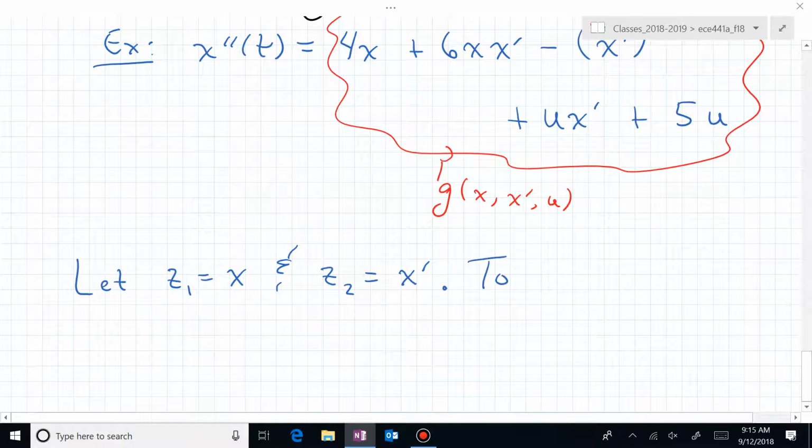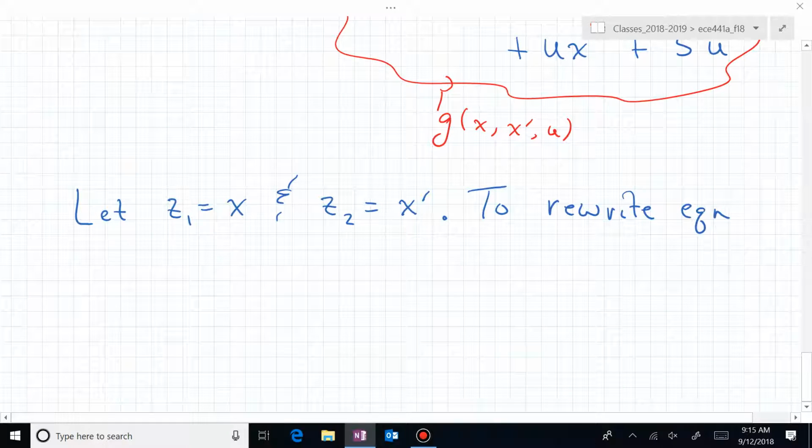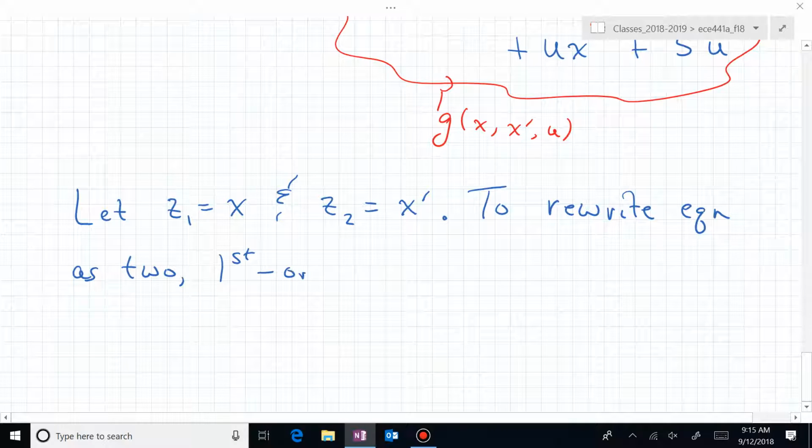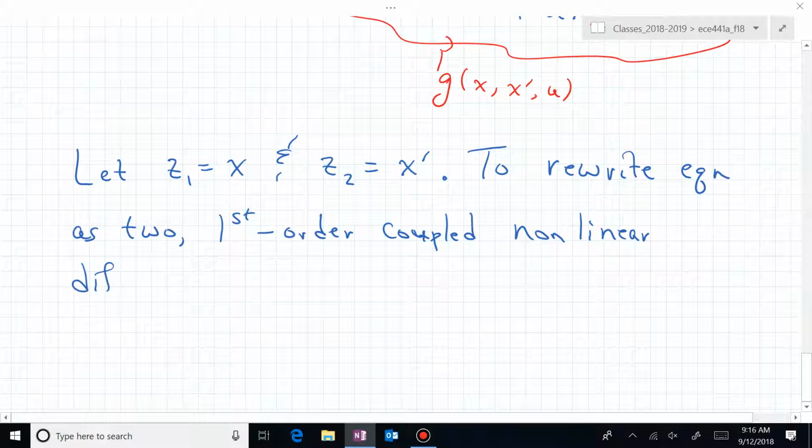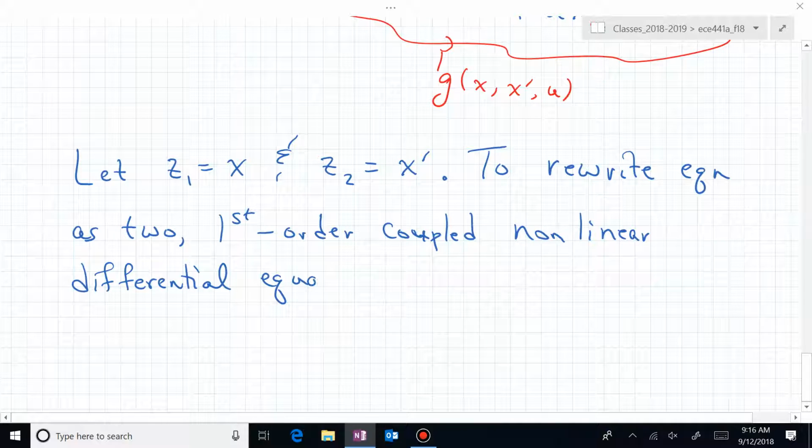So now I want to let z1 equal x and z2 equal x prime. And now I want to rewrite that second order differential equation as 2 first order coupled nonlinear differential equations.